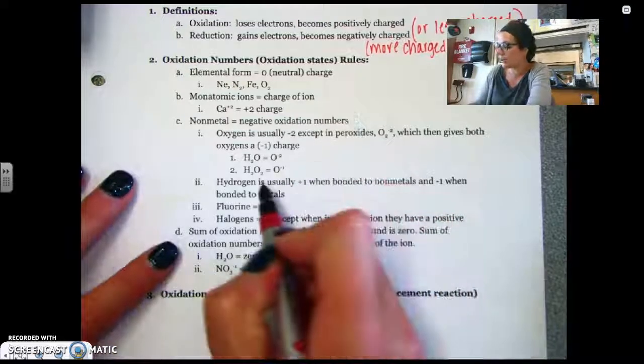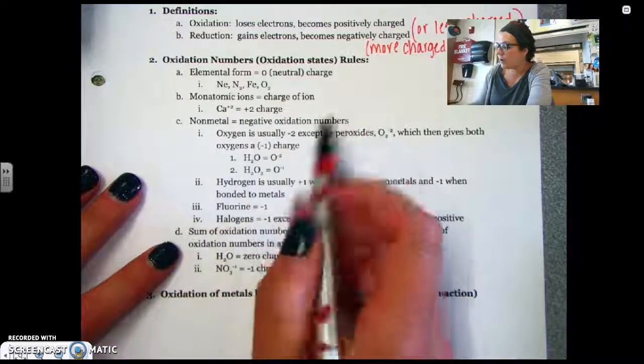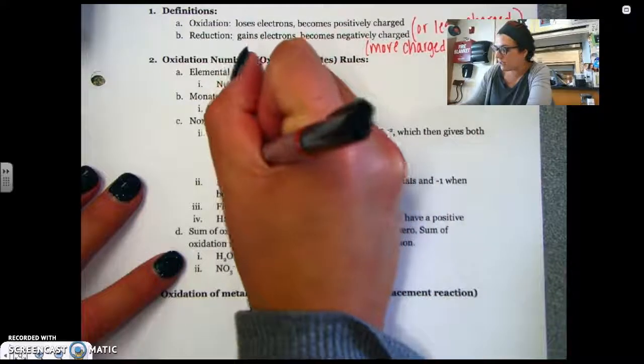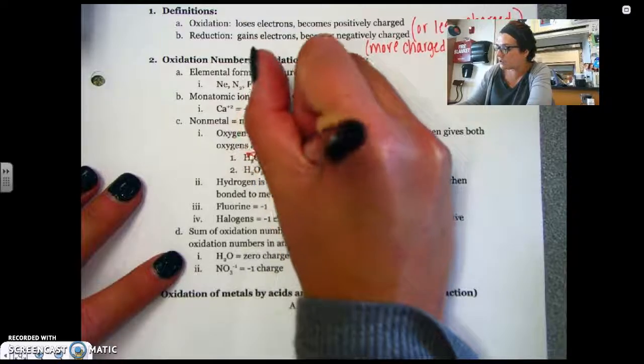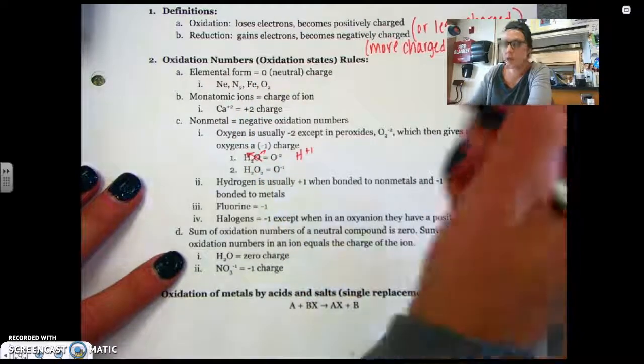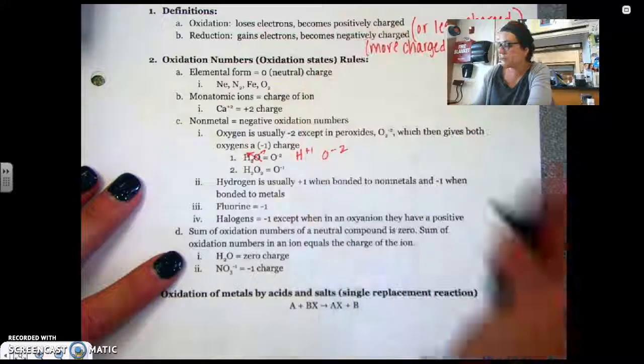So for example, in this example, we remember that the charges get uncrisscrossed. Here, hydrogen's oxidation number is +1 and oxygen is going to be -2.